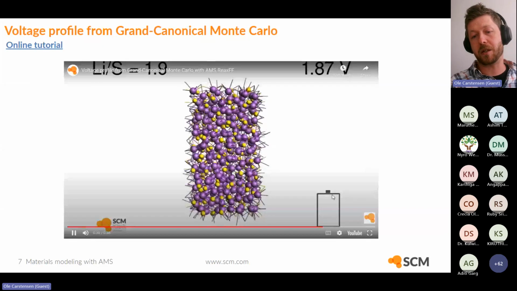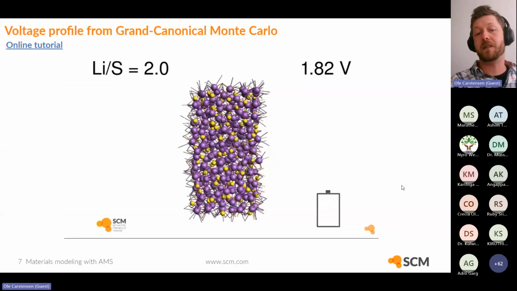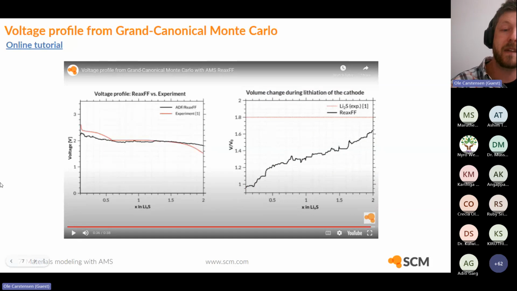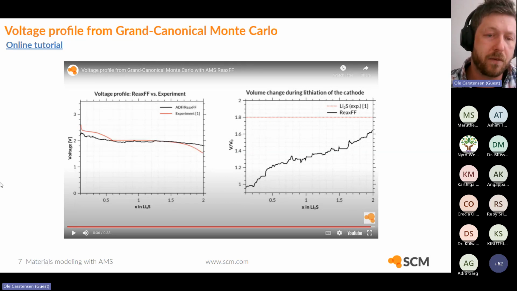And the discharging battery here is just an illustration, a cartoon illustration. So here we can see what the results of this simulation look like. You can actually simulate quite a nice voltage profile that compares quite nicely to experiment.